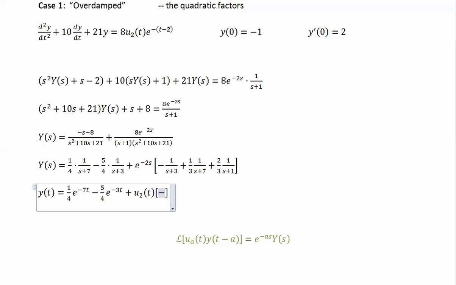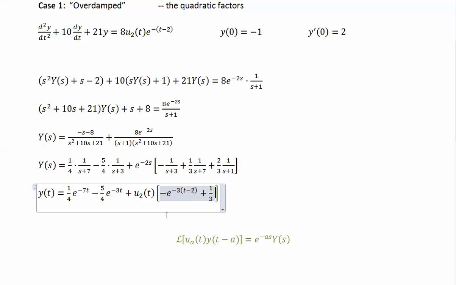So we would have a negative, and then for 1 over s plus 3, that normally would be e to the minus 3t, but it should be shifted by 2. So instead of t, I should have t minus 2. Continuing, I would have plus 1/3.